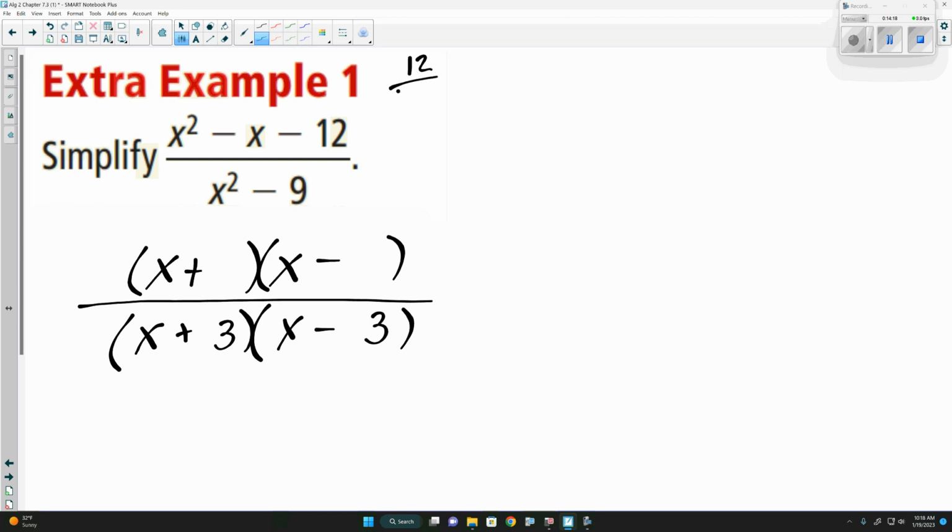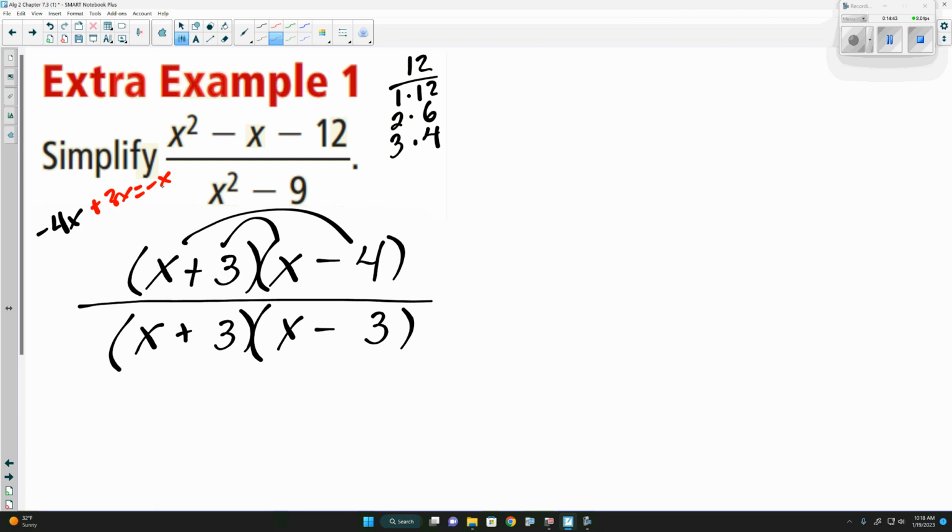Well, factors of 12 are 1 and 12, 2 and 6, and 3 and 4. Which one do we want? 3 and 4. Which one's positive? Which one's negative? Yep. And if we check this, x times negative 4 is negative 4x. 3 times x is plus 3x, which gives us negative x, which is the middle term we wanted, yes?